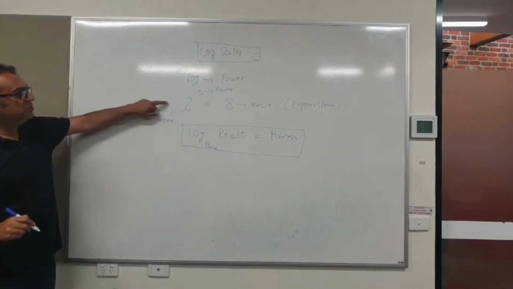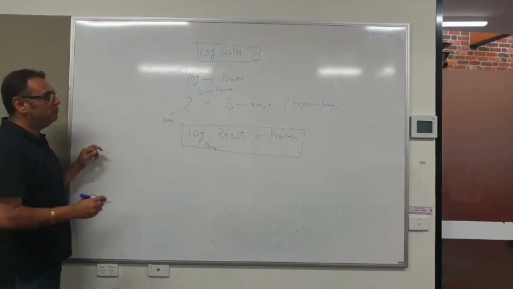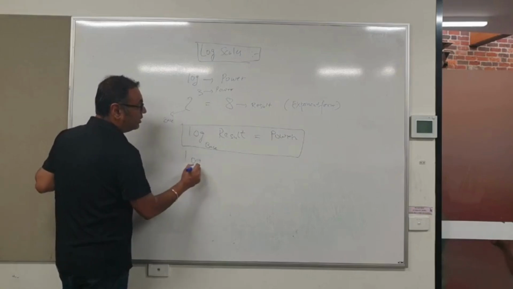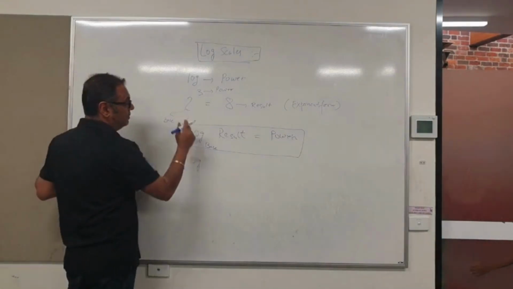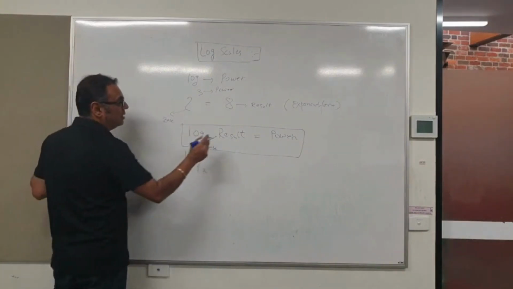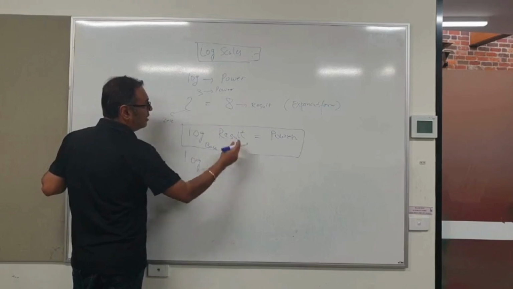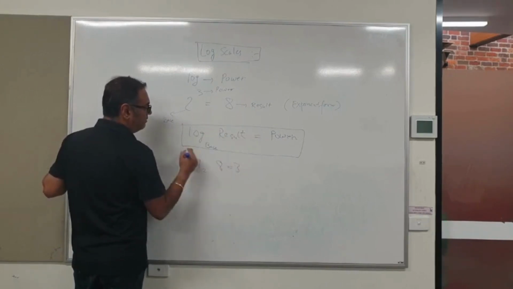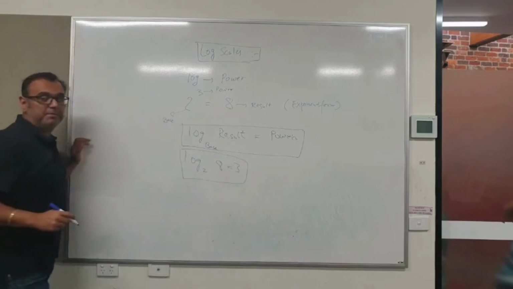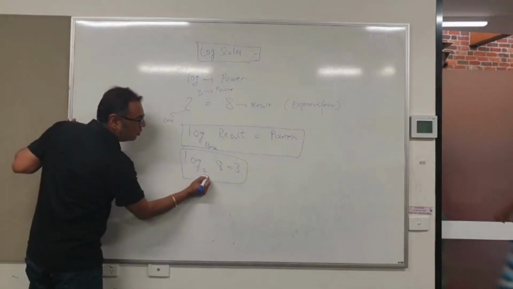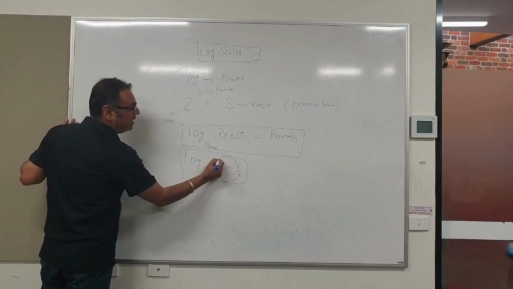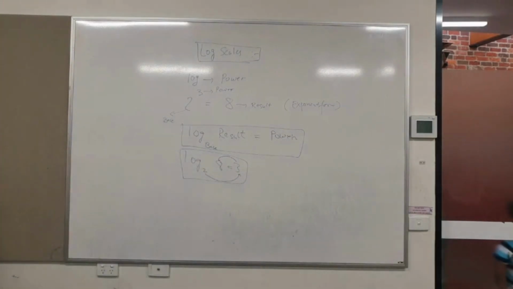Now if I have to transpose this one into log form, I say the word log, the base is 2, the result is 8, and the power is 3.